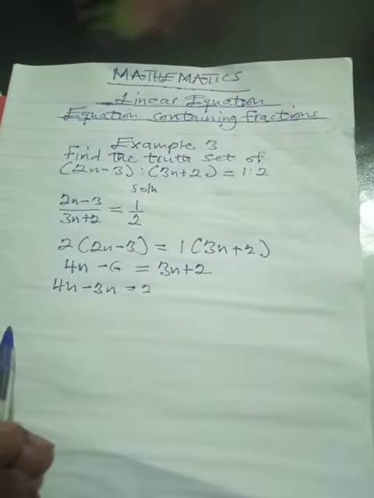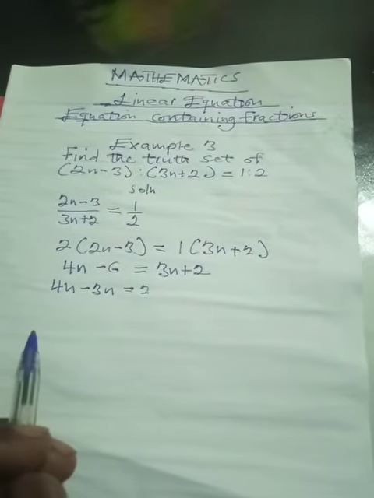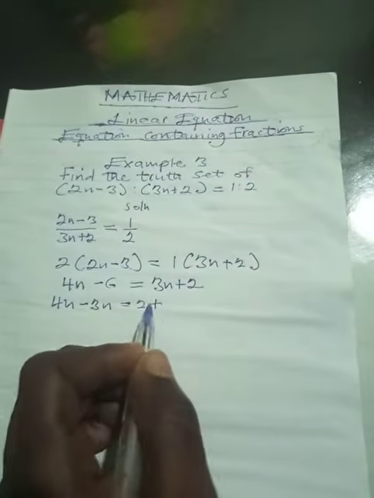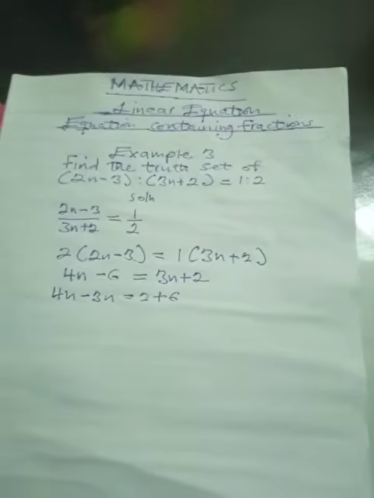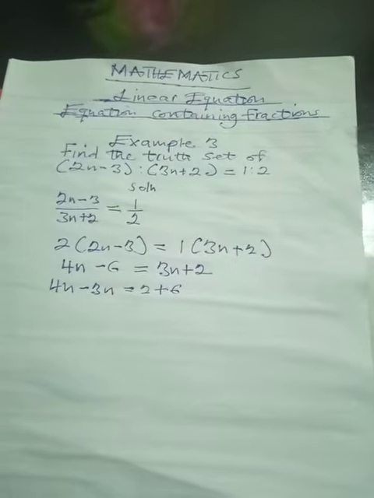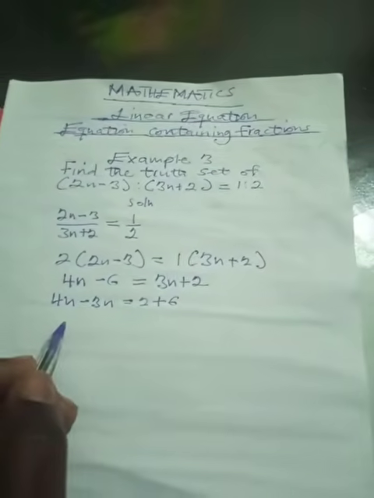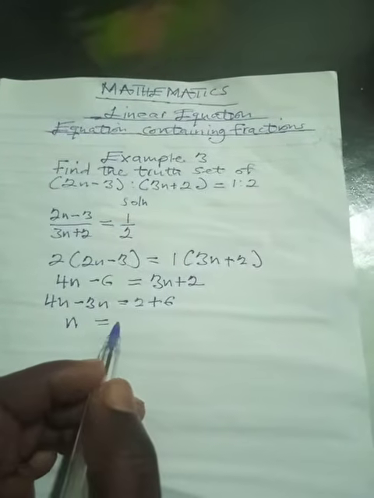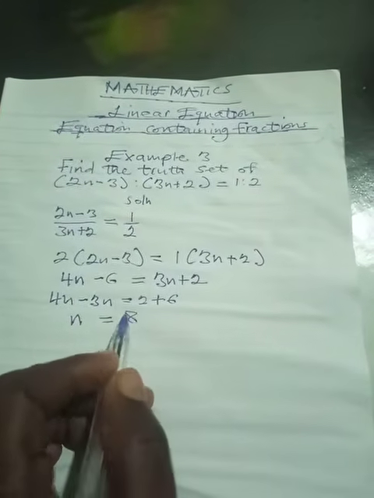It is negative on the left, so on the right it becomes positive, plus 6. So 4n minus 3n, you get n, equal to 2 plus 6, you get 8.